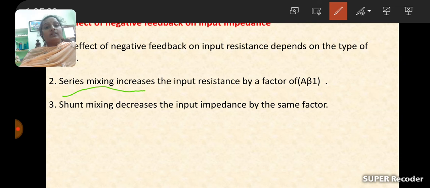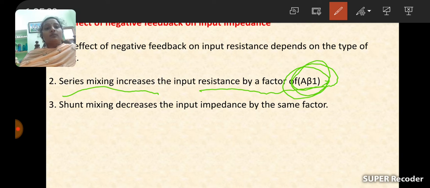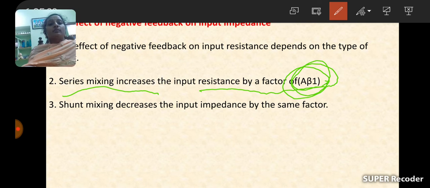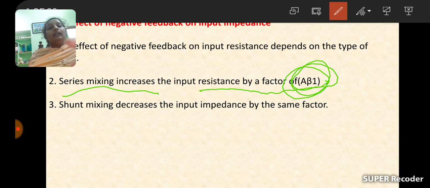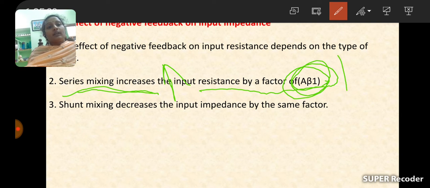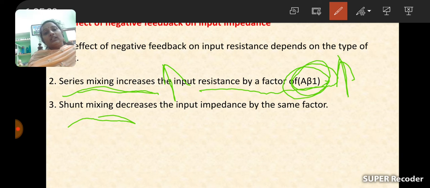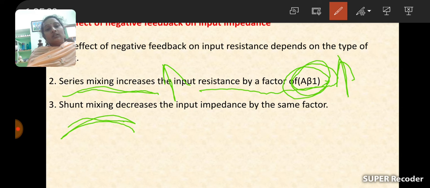Series mixing increases the input resistance by a factor of A beta 1. How much is the input resistance increased by series mixing? By the A beta 1 factor. Next, shunt mixing decreases the input impedance.